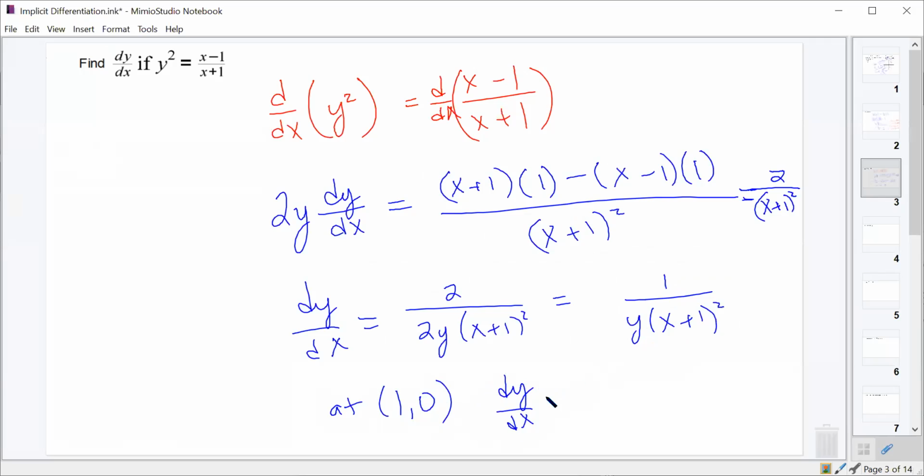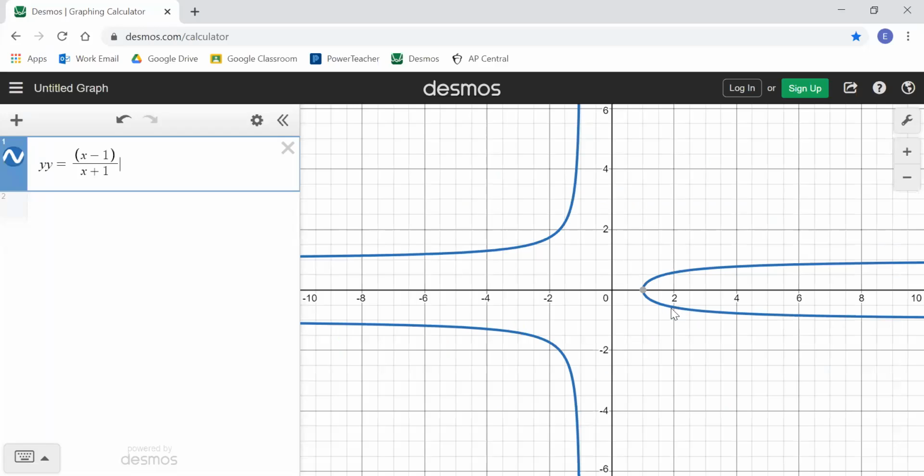It gives us 1 over 0 times 1 plus 1 squared, or 1 over 0, which is undefined, right? Which tells us that at this point, 1, 0, our tangent line should be vertical. And it sure looks like it would be, doesn't it? Yes.